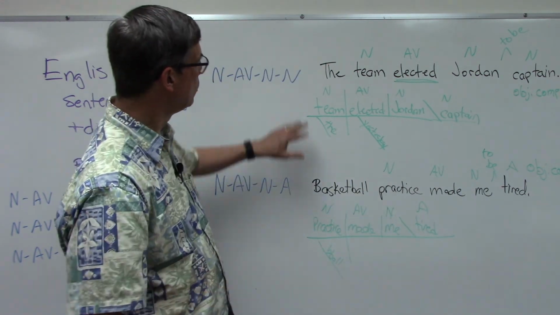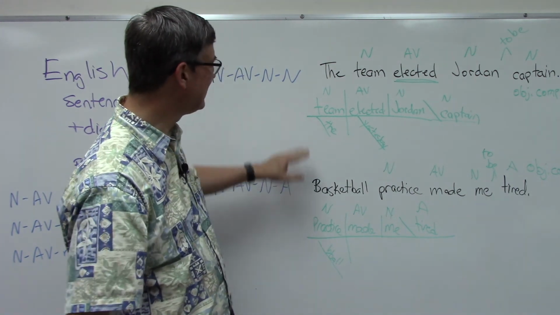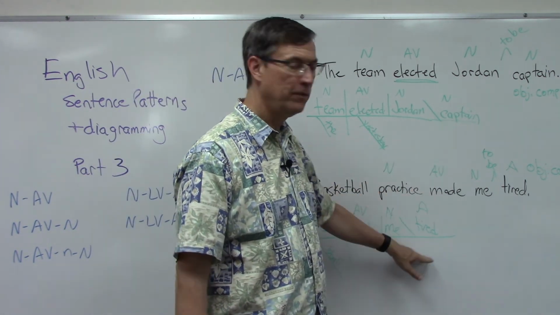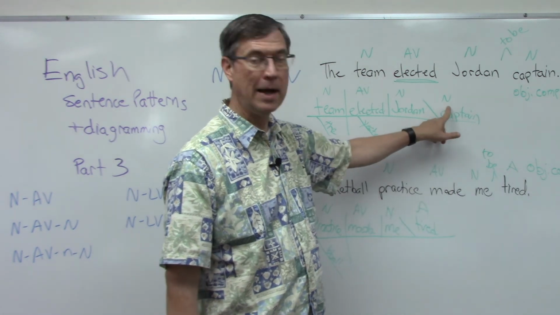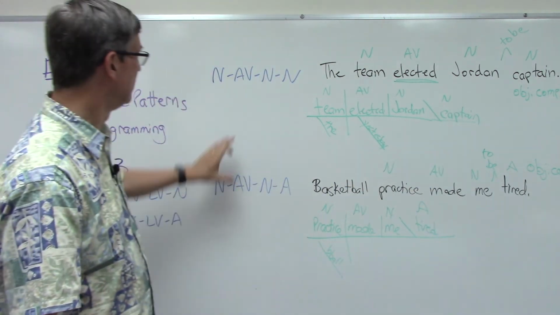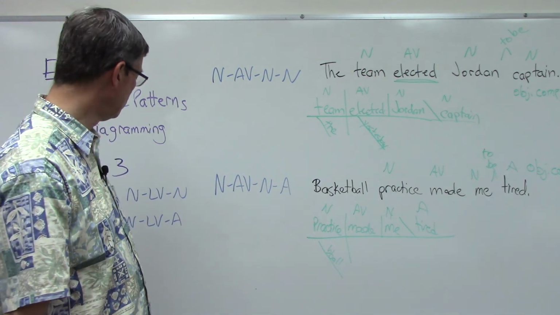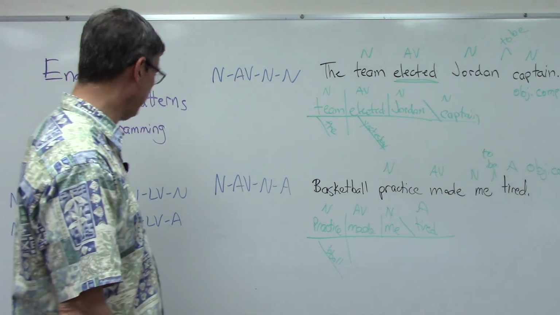So these 2 patterns, look, the diagrams are identical, slanted line, final word. They're both called objective complement. It's just that this one's a noun, so we say N, and this one is an adjective, so we say A. So these two patterns are very, very similar. Just don't get it confused with this one we learned about in part 1.